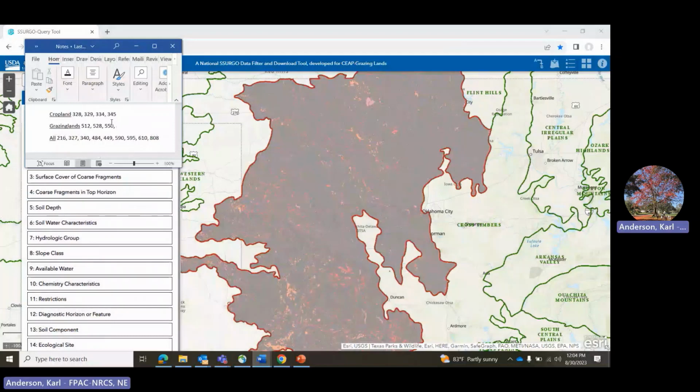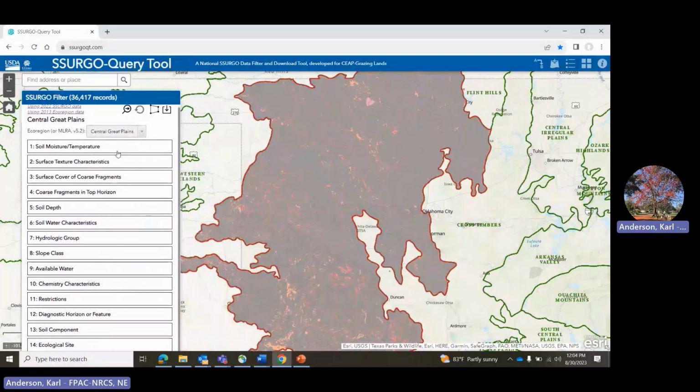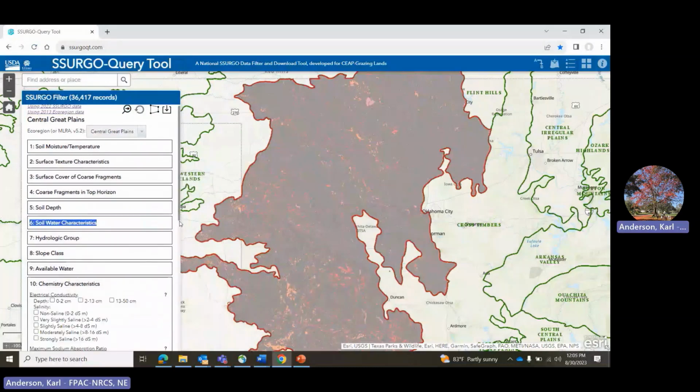You can also look at some of these other things, like irrigation water management, if it's irrigated. We can go ahead and look at that. There's also basically ways of seeing if there are salinity or sodicity issues. Now we can start to see the electrical conductivity.